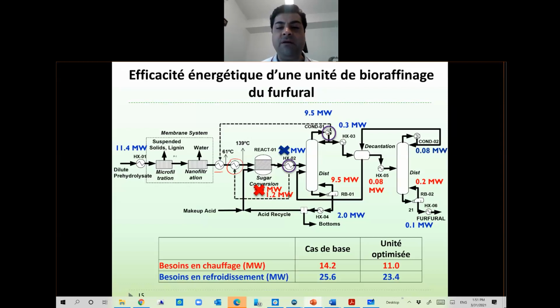For example, without any heat integration, the total energy required for heating was 14.2, but with the heat exchanger integration he made, the total required heat decreased to 11 megawatts. And vice versa, the energy for cooling went from almost 26 megawatts down to almost 23.5 megawatts by just this simple heat integration.